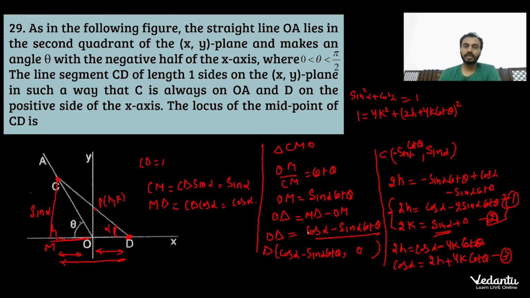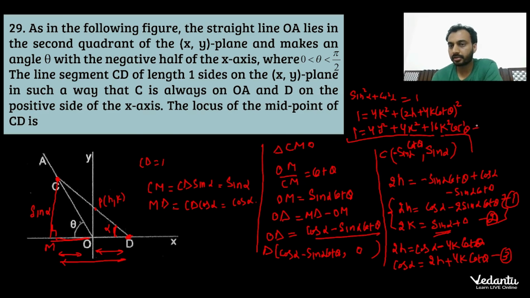So this is the desired locus. Now we can replace k by y and h by x. So 4y square; if you open this expression you will get 4x square and 16k square cot square theta plus 16k cot theta.